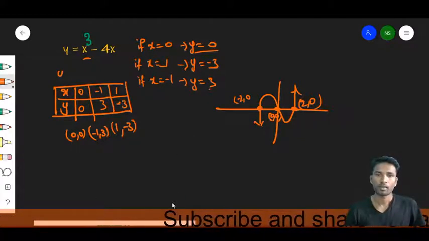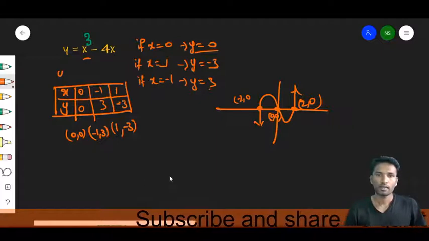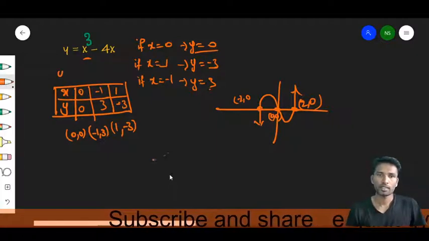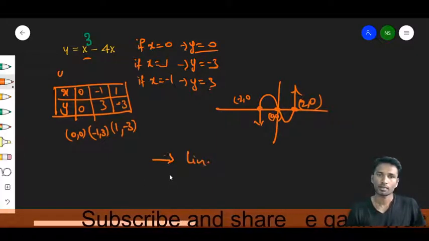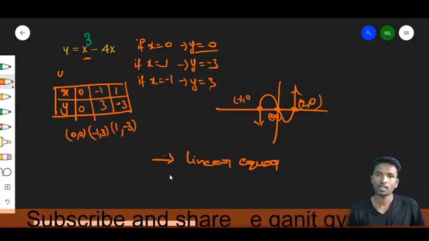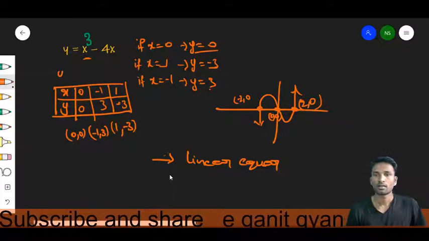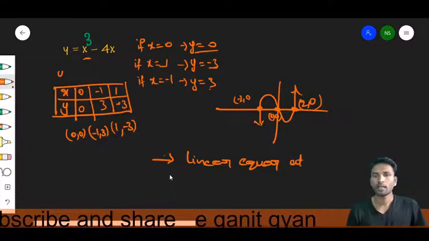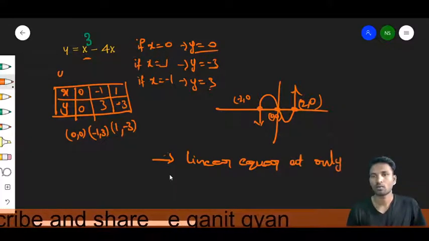Now if I conclude from these 3 cases: for a linear equation, the line intersects the x-axis at only one point.